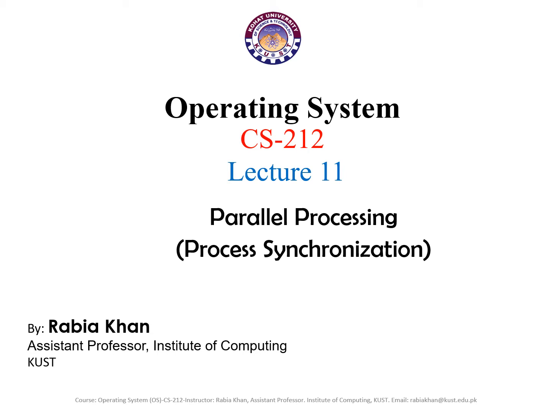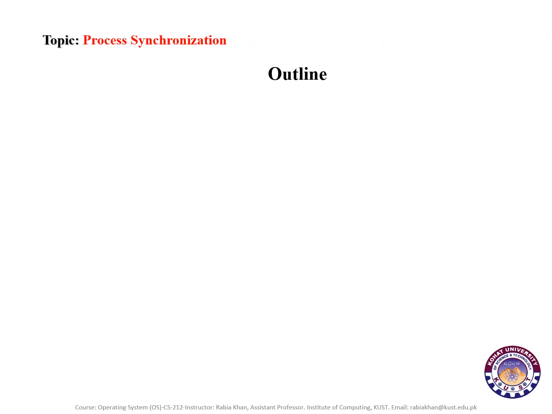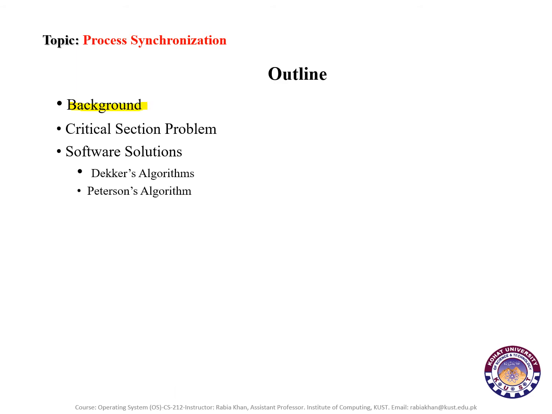So let's see the discussion agenda, the points that we are going to discuss in this chapter. This is the outline of discussion in this chapter. First, we need to develop a background with the term parallel processing.